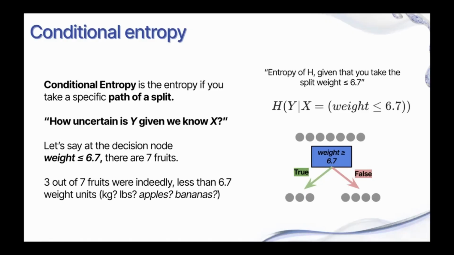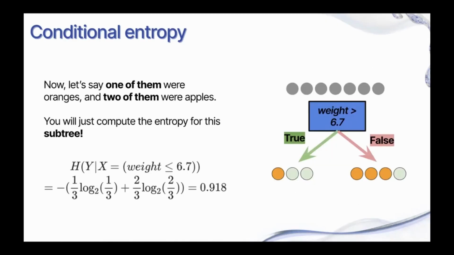I'll repeat, it's the entropy when you pick a certain path. So here, I think there's a typo. There are 3 fruits that are more than 6.7, and there are 4 fruits that are less than 6.7. Now, what do we do with this? Like I said before, you will just compute the entropy of this subtree.